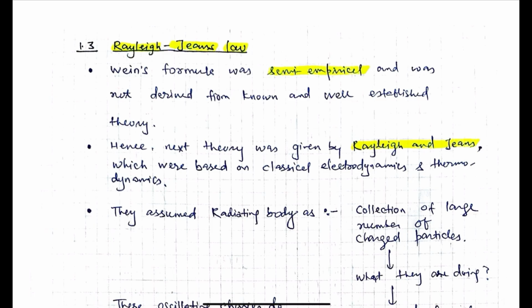We need to derive it from a well-established theory, so that it has better agreement in the scientific world. So the very important argument is that Wien's formula was semi-empirical and was not derived from a known and well-established theory. That is why we are proceeding with the Rayleigh-Jeans law.